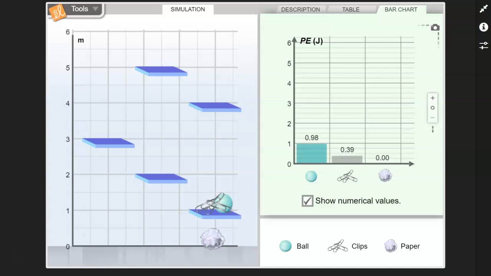So when we're investigating the relationship between the mass of an object and its gravitational potential energy, the data I have just collected is evidence to support that the more massive an object is, the more gravitational potential energy it will have if it is at the same height as a different object.